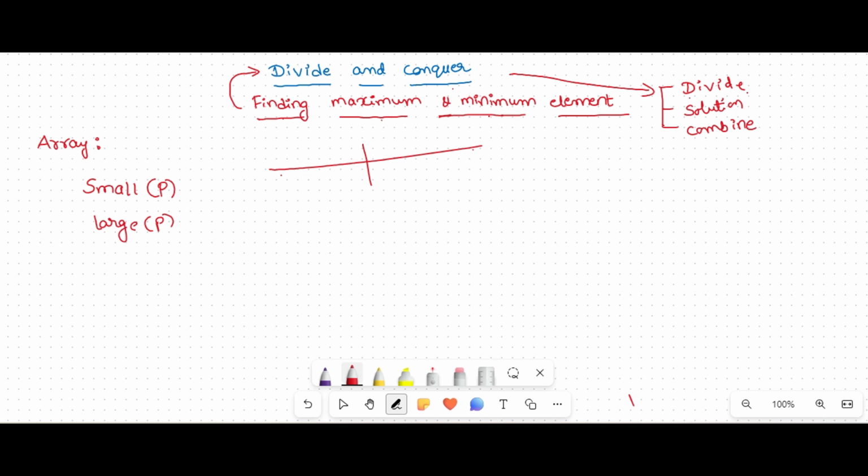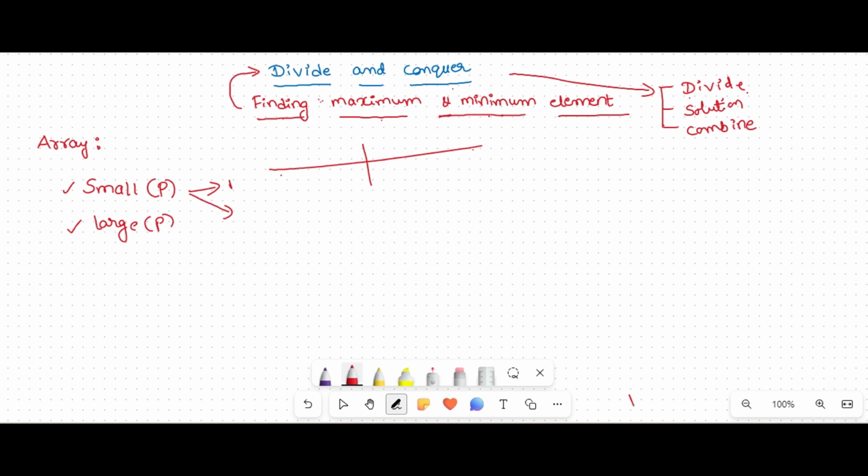If the problem is large, then we divide it into subproblems. If your array consists of one element, then that element itself is the maximum and minimum element.